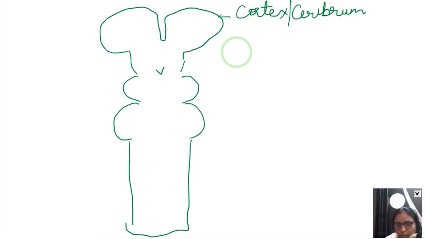The fibers of the white matter which descend downwards diverge in a fan-like structure, and that is called your corona radiata. And we have discussed your internal capsule, which is between your caudate nucleus and your thalamus on one side, and the lenticular nucleus on the other. On the internal capsule the fibers converge.